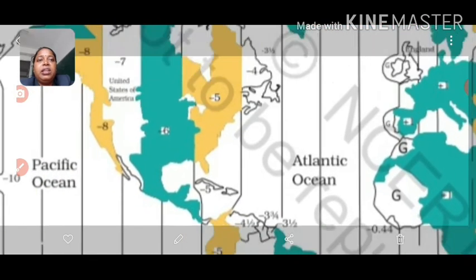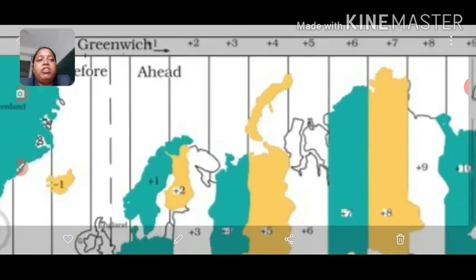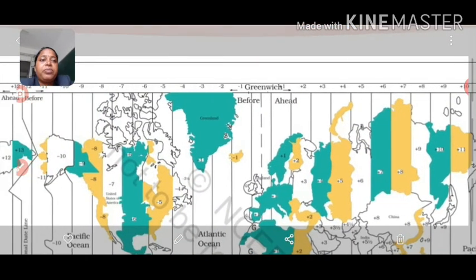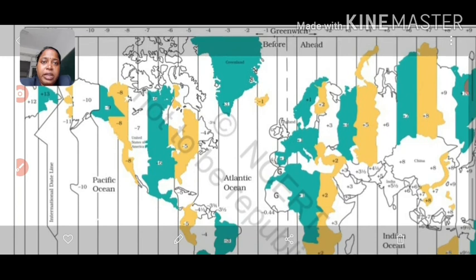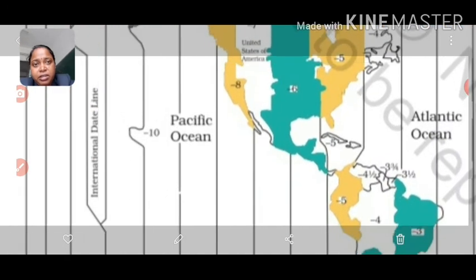Okay, like this the calculation has happened, and according to the area the timings are also distributed through this map. So students, rather than that we can go to the international date line.